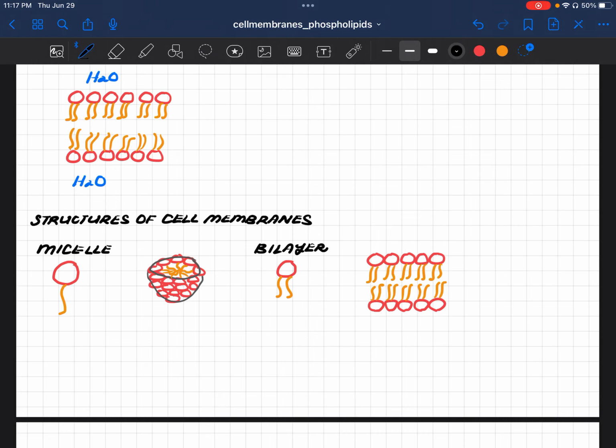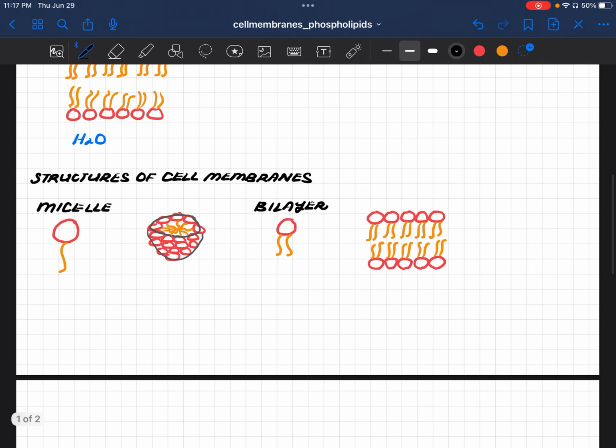Another common structure you might encounter is a liposome type bilayer. So these liposomes will also contain one phosphate group and two fatty acid tails. But the structure of the membrane is sort of more spherical.